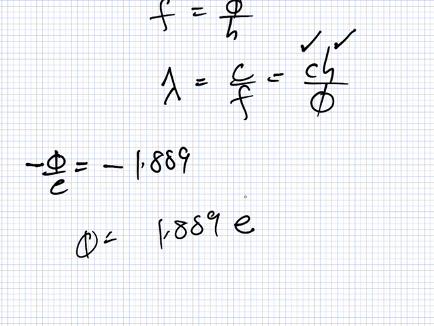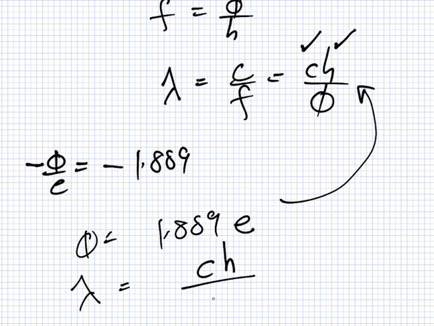So I can put that in there and I get wavelength equals ch over 1.889 e. So if you type this in on your calculator, what do we get? We know the c, we know the h, we know the e, and we have 1.889.